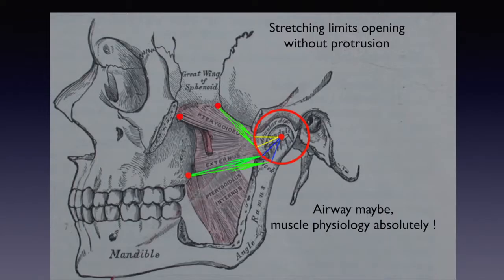We would suggest that there is another equally compelling reason. Hinge opening stretches the fibers of both heads of the lateral pterygoid musculature. The stretch receptors demand protrusion when their physiological limit is reached.